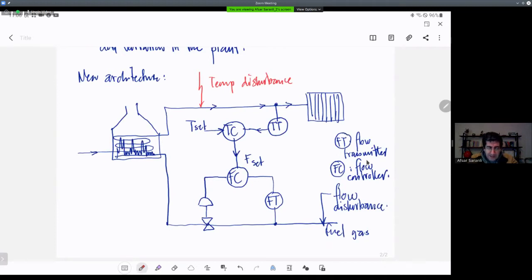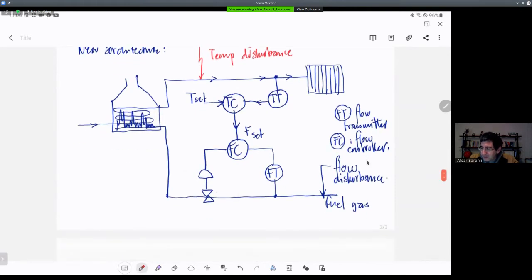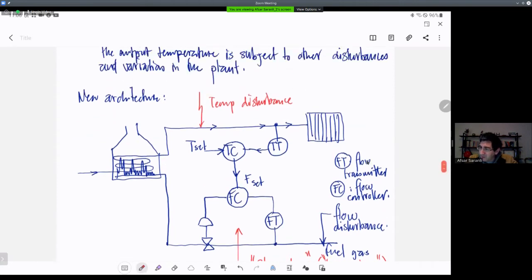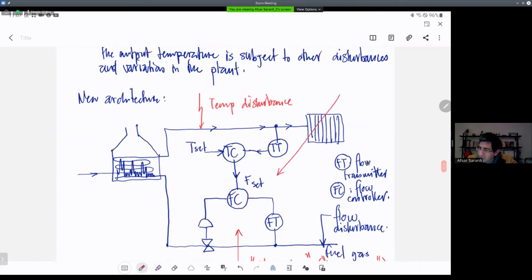Now this part over here is called the slave loop, or the inner loop. Both are popular names for this. And this loop over here is called the master loop.